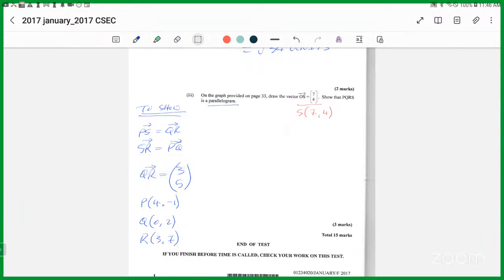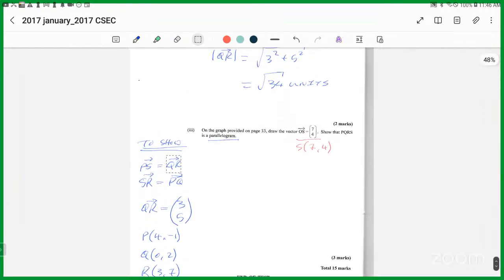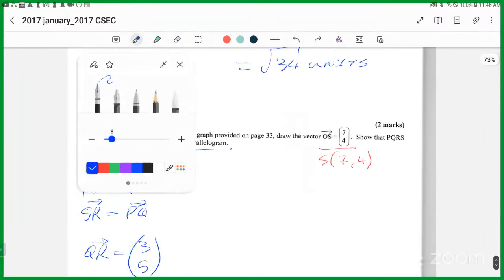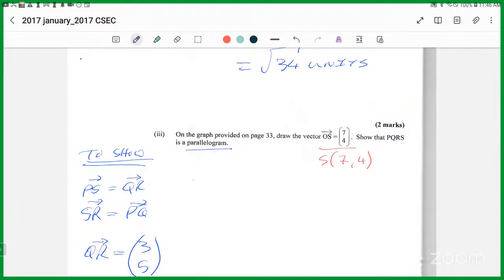All right, let's do it step by step now. So we're doing this one first. We have the QR vector already, so we really don't need to calculate PS. All right, so PS, let's do it in purple. PS is going to be OS minus OP. The OS is this (7, 4) minus OP.